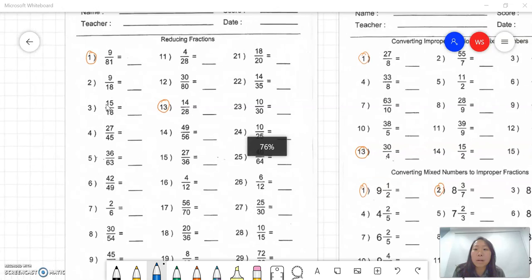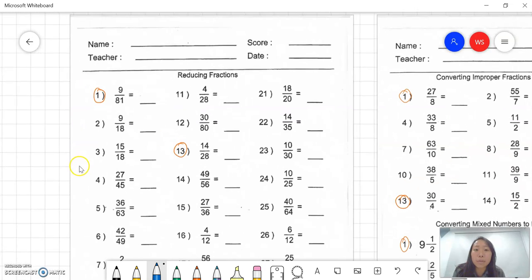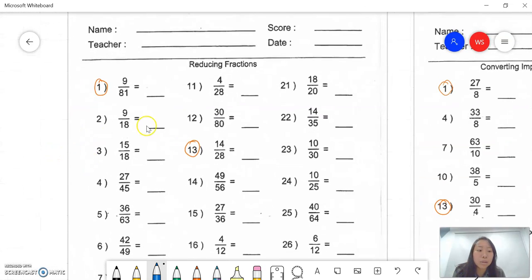Fractions is all about ensuring that you are quite familiar with your times tables, as well as trying to find your different common factors and how you can cancel out your factors on your numerators and your denominators.